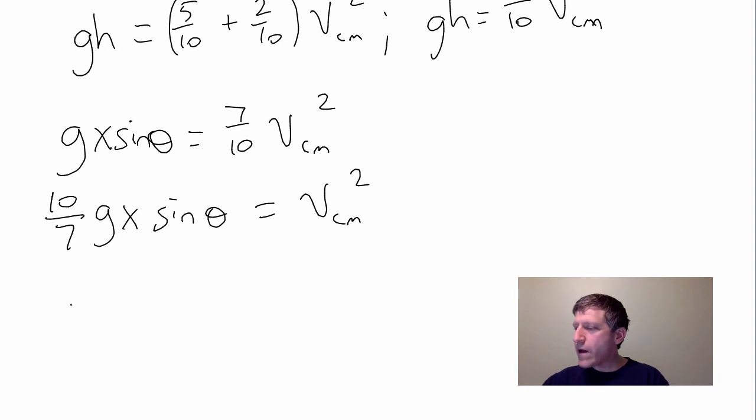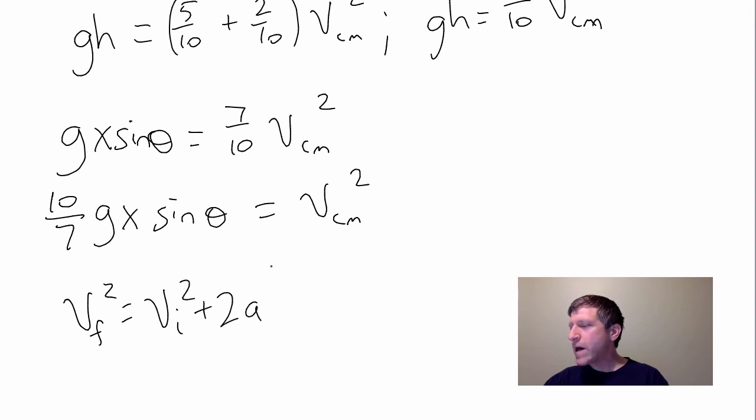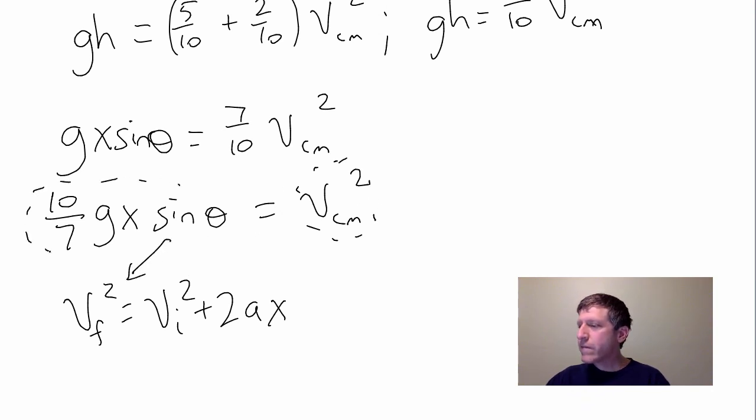Because we know that v final squared equals v initial squared plus 2ax, I will just use x here because it is delta x, the same thing in this case. This v final is the same thing as v_cm squared right there. So that'll give us this.